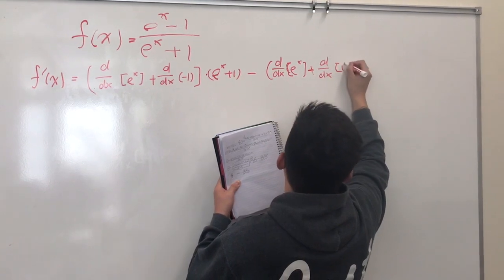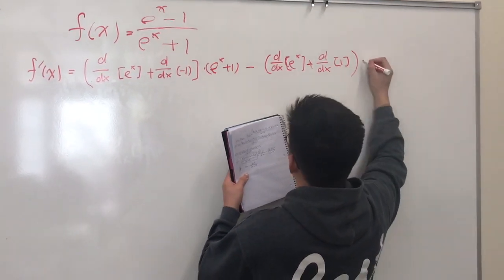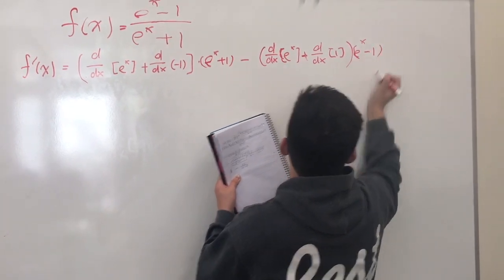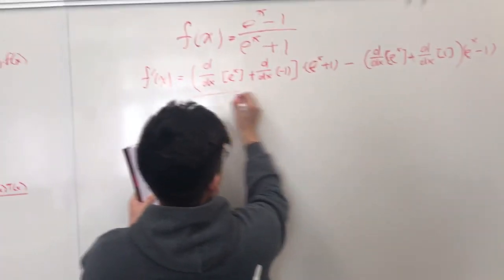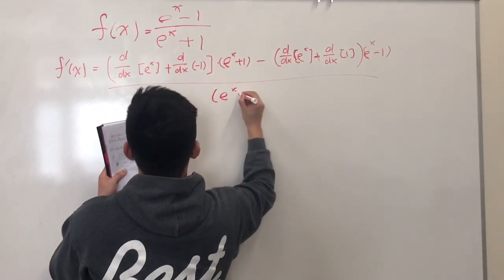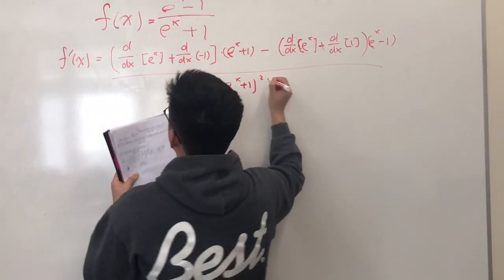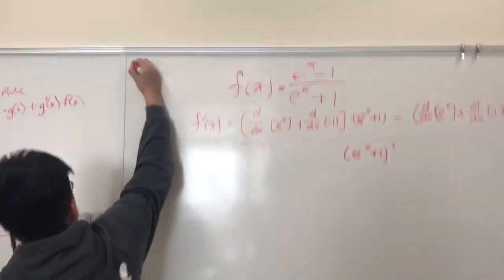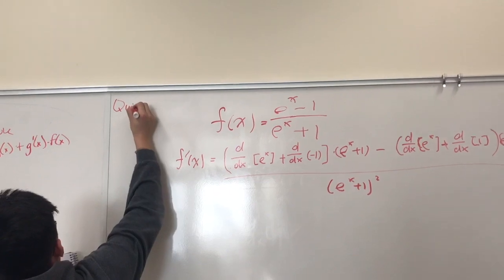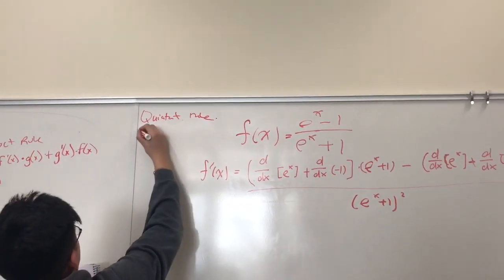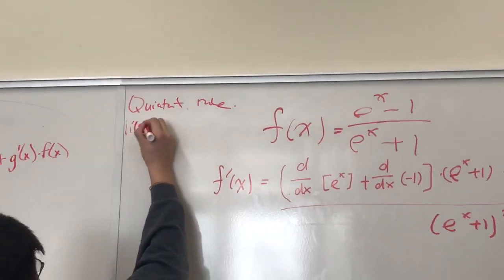So that turns into the derivative of e to the x plus the derivative of negative 1, from the e to the x minus 1, multiplied by e to the x plus 1, minus the derivative of e to the x plus 1, which is from the derivative of the bottom, times (e to the x minus 1), all over (e to the x plus 1) squared.